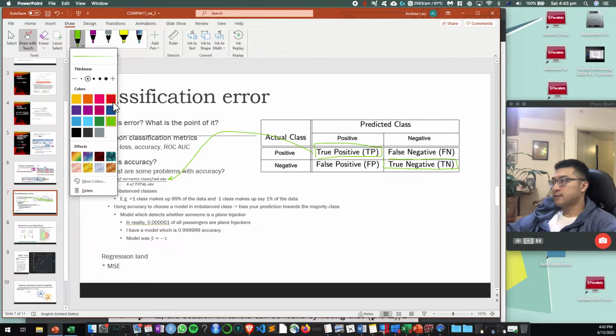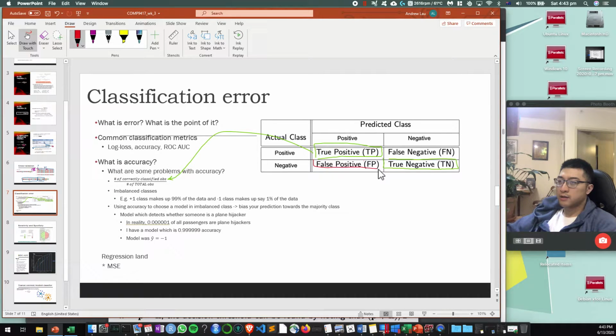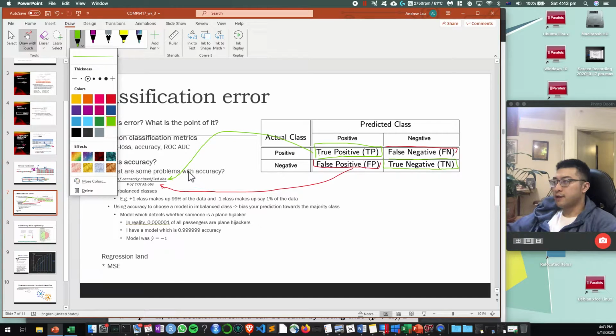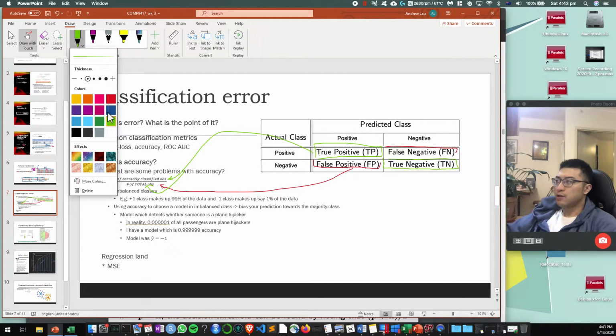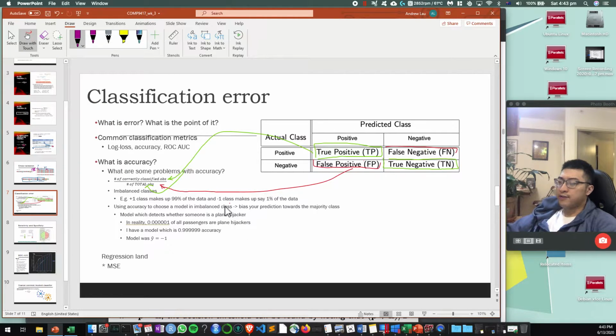On the flip side, these are incorrectly classified, and they'll go here. But also the green guy would land here as well. Now, this is a bit not granular. It looks at everything at once, and this is called a confusion matrix, by the way.